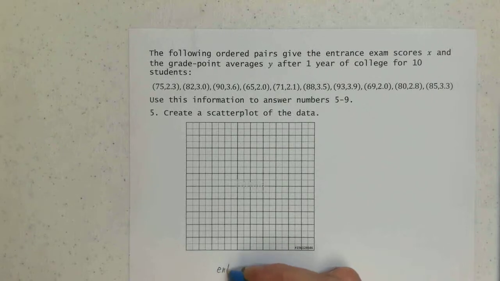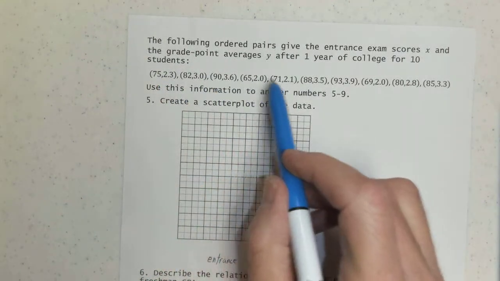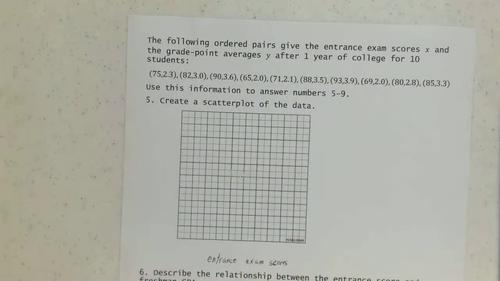Okay, I'm going to make this the entrance exam scores. We've got to make a scatter plot. What kind of variation do I have in this? 75, 82, 90, 65, 71, 88, 93.